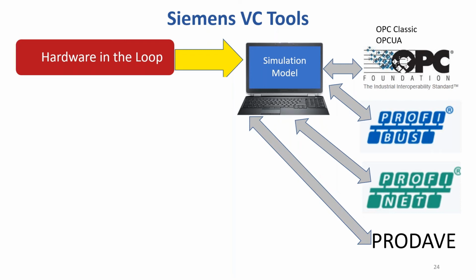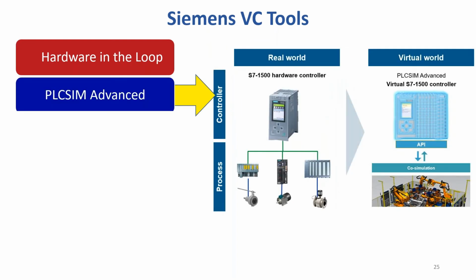Those are open protocols. PLCSIM Advanced is a powerful digital twin of an S7 1500 hardware controller that provides software-in-the-loop virtual commissioning. Note that several instances of PLCSIM Advanced can be made on your computer to provide digital twins of more than one controller.